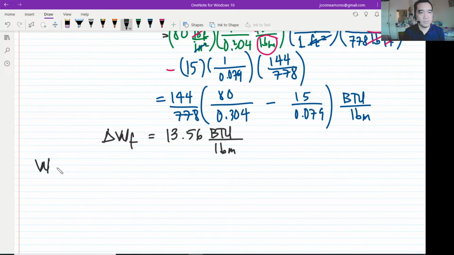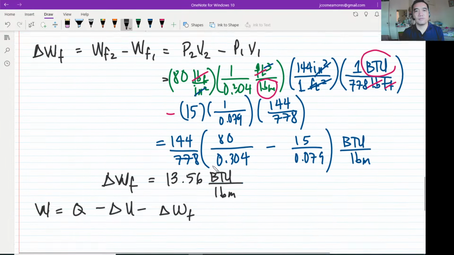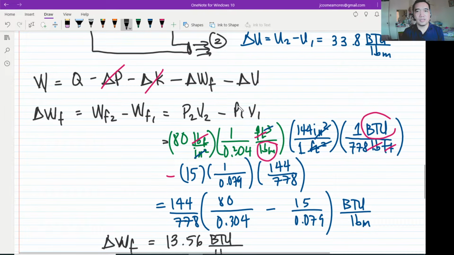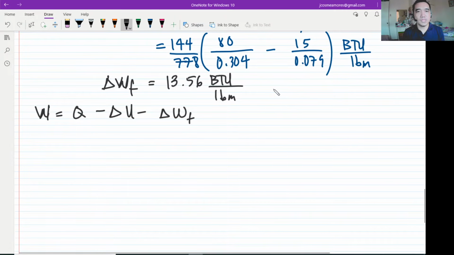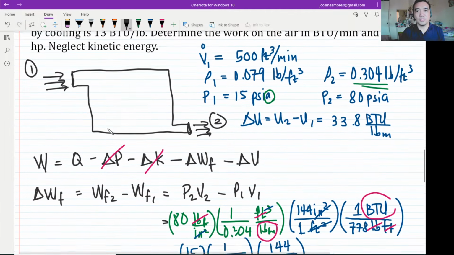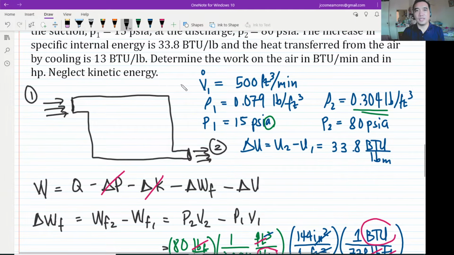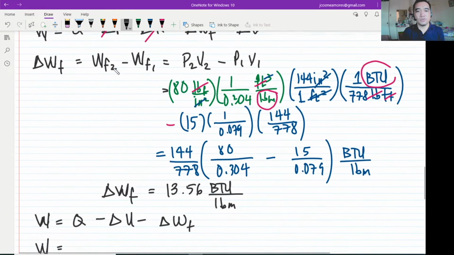Again, work is equal to Q minus delta U minus delta WF. Okay, that's our equation here. Since Q is negative, as stated in the problem, the heat is transferred from the air, so therefore Q is negative by cooling.